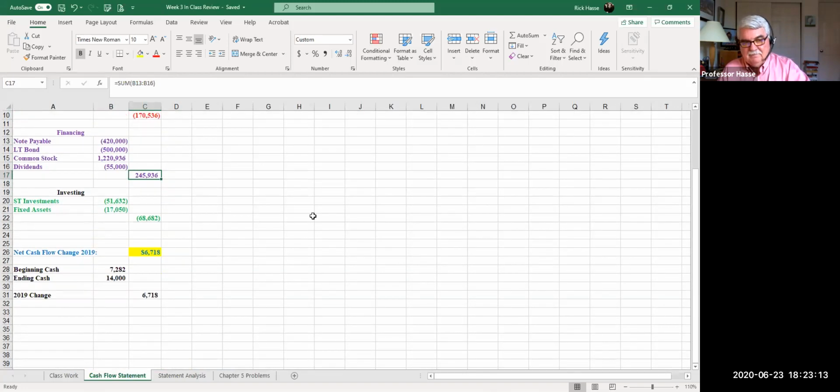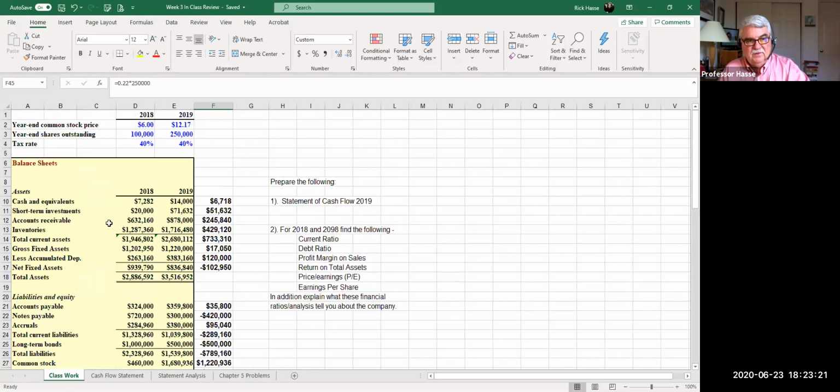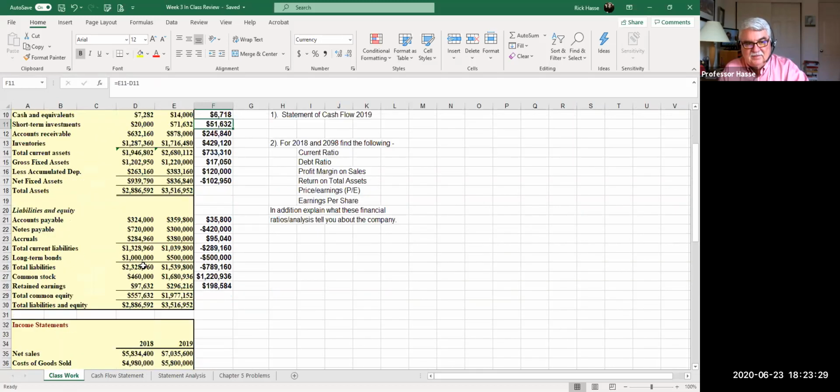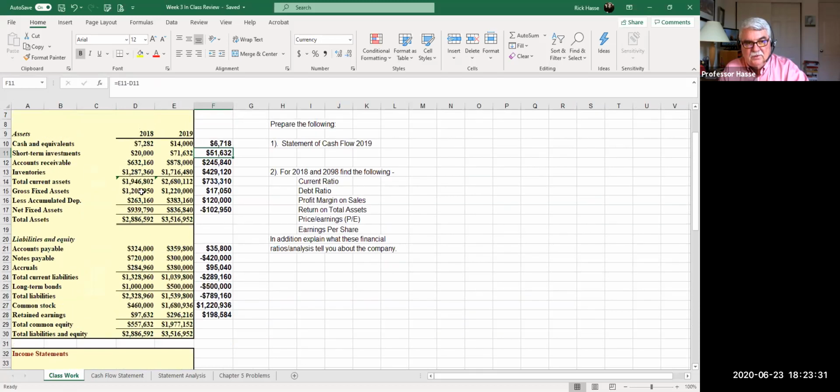And then in investing, where did they invest into third parties? Well, they had a short-term investment delta of $51,632. That's probably putting money into a money market account, something like that. And at the same time, they increased their fixed assets by $17,050.